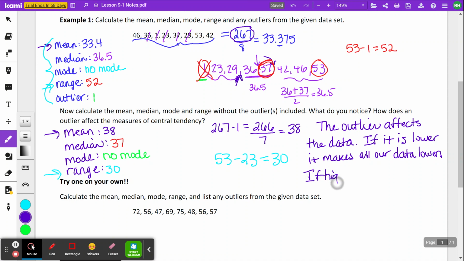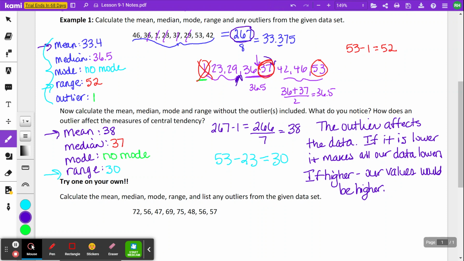If higher, our values would be higher. You want all your values to be somewhere towards the middle, except for the range, of course. So if it's not, then you know that something is affecting that.